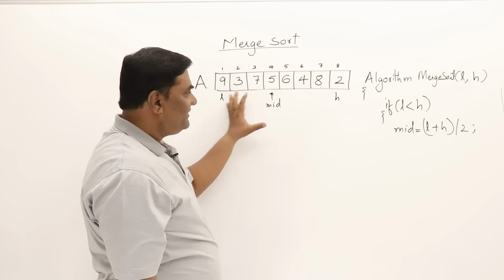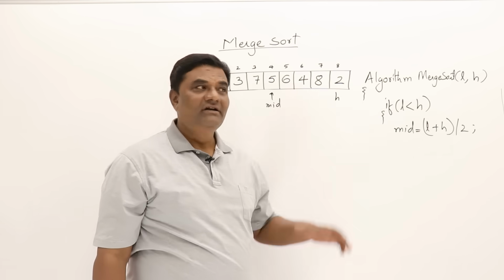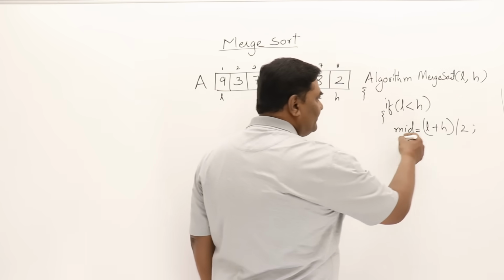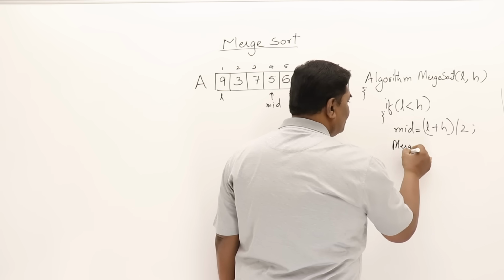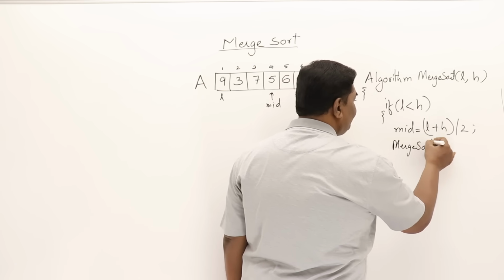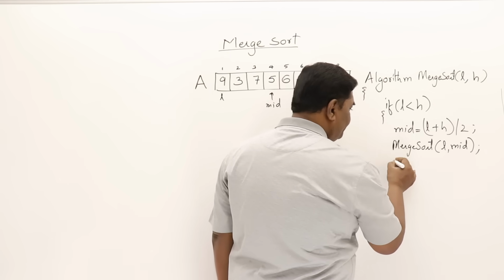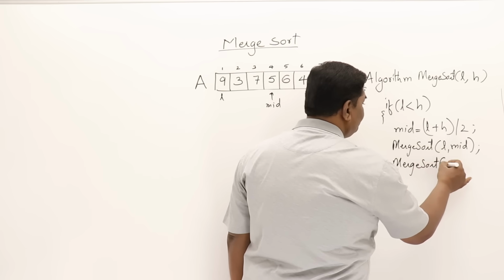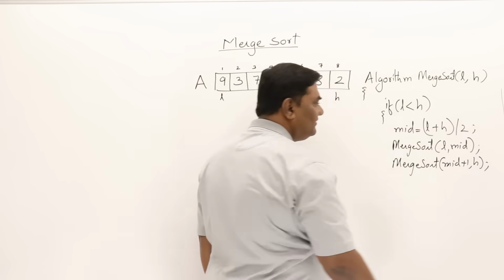Then what to do with the left hand side? Perform merge sort on it recursively. Perform merge sort on the right hand side recursively. So find out mid, and perform merge sort from low to mid, and also perform merge sort from mid plus 1 to high.